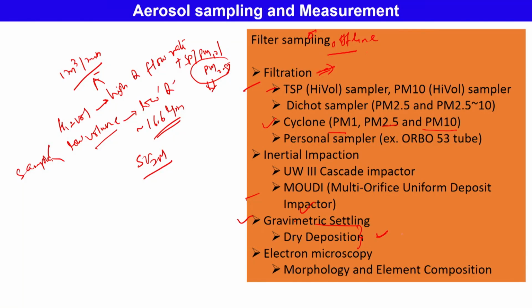This becomes very important when you are doing flux measurements, for example how much flux of a particular nutrient is deposited. You know the velocity, for example in meters per second, and then you know the concentration in micrograms per cubic meter. So from there you can directly calculate: if you know the settling velocity, you can calculate the flux. I think I had given an example of this, but just remember that.